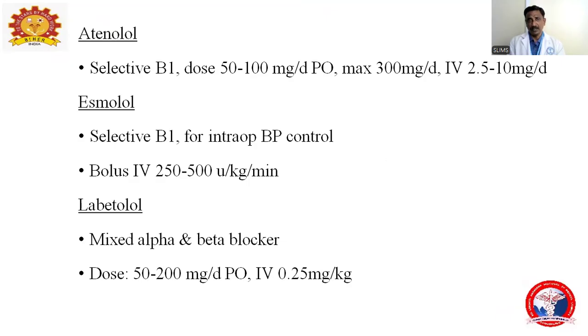Esmolol is a selective beta-1 blocker for intraoperative BP control, and a bolus dose of 250 to 500 micrograms per kg per minute can be used. Another drug that can be used is labetalol, which is a non-selective beta blocker as well as an alpha blocker. A dose of 50 to 200 milligram per day per oral, or IV 0.25 milligram per kg.